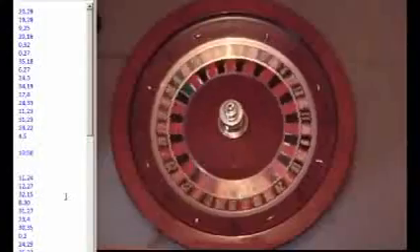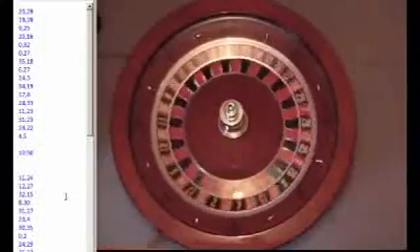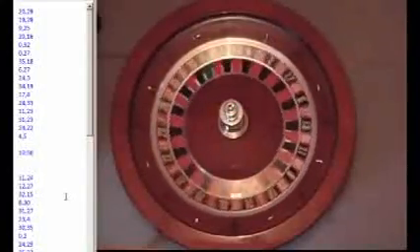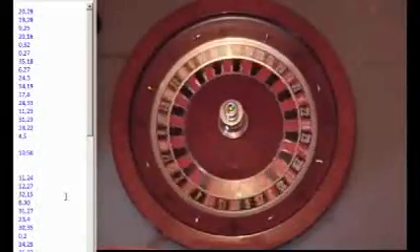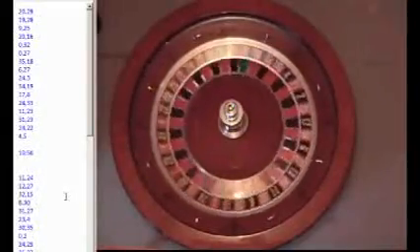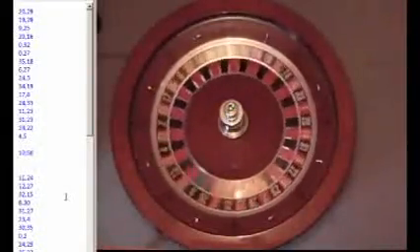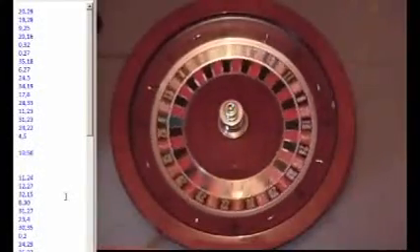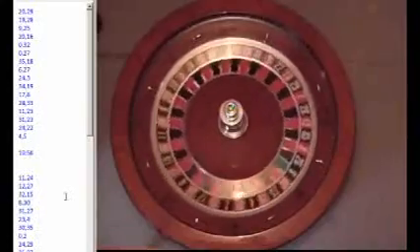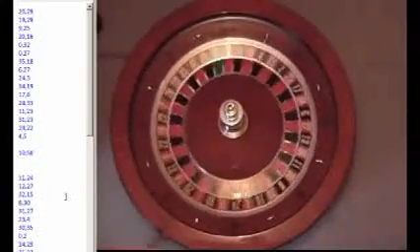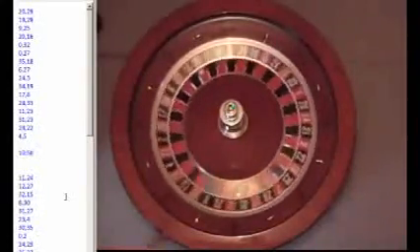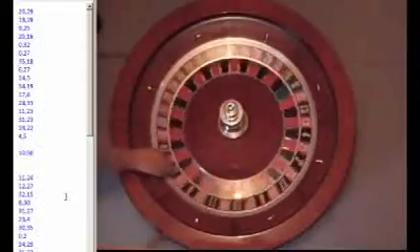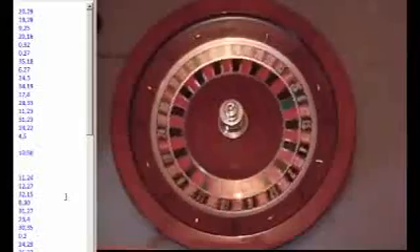It's actually a very basic thing. We'll just do this one more spin, then we'll have a look at the chart.